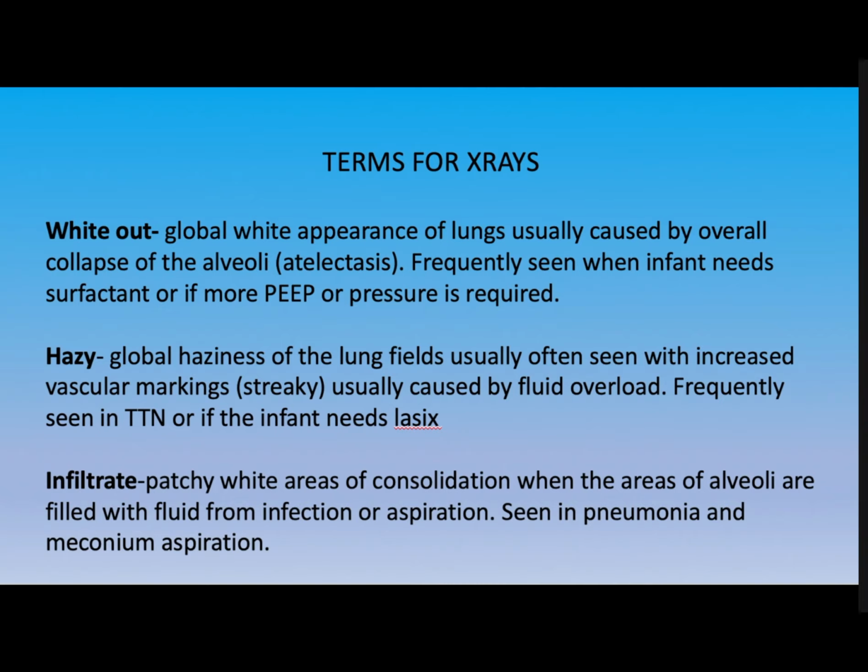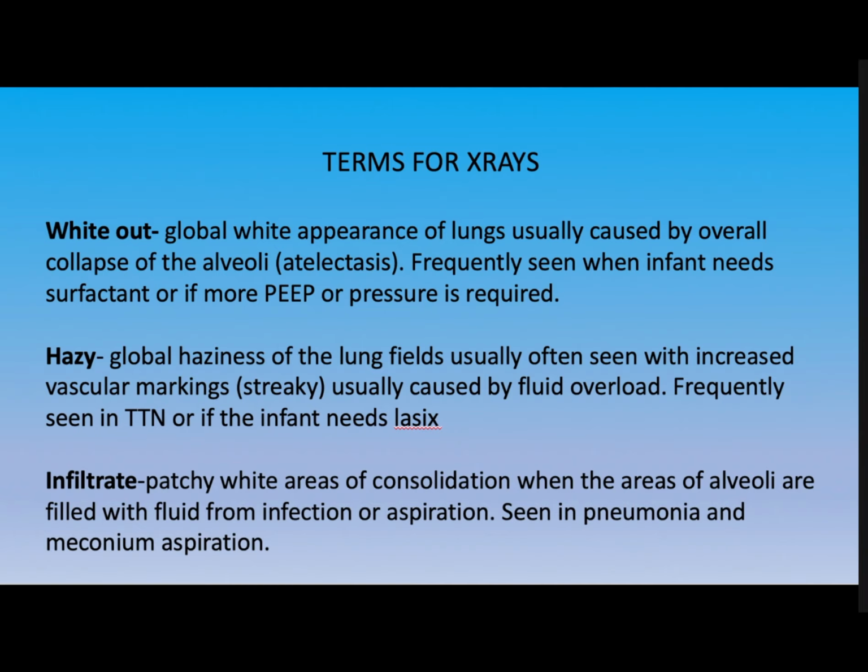We frequently see it when the baby needs surfactant, or if the baby isn't well inflated, meaning the baby needs more PEEP or needs more pressure. Sometimes we see whiteout right after extubation, and we need to increase the amount of CPAP the baby's on to open the baby back up.